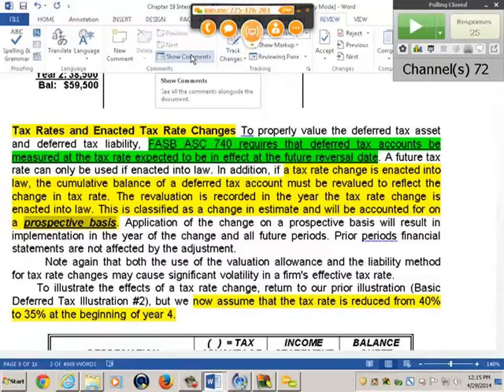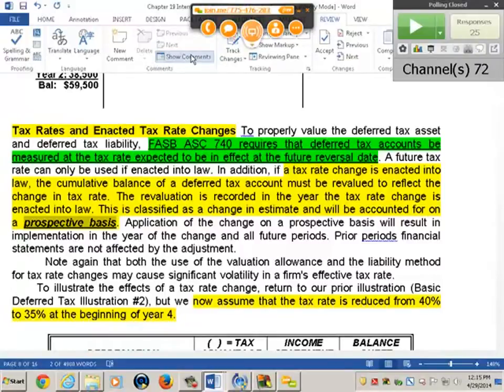Another thing to note is for IFRS. IFRS is the same thing, except they say that the tax law has to be substantially enacted. And what does that mean? Well, under U.S. GAAP, if Congress passes a tax bill on a Friday and the president doesn't sign the bill for another 2 weeks, we can't use the new law unless it's signed into law.